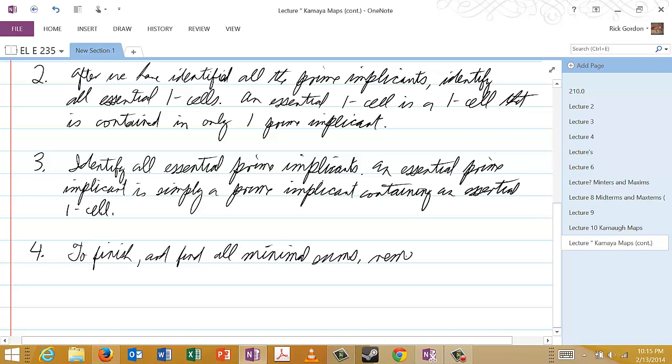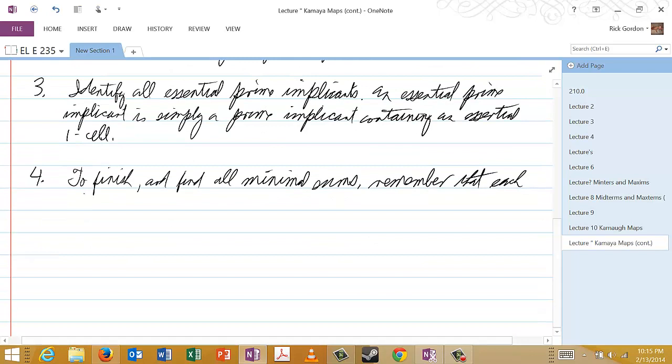Remember that each minimal sum must contain all of the essential prime implicants.